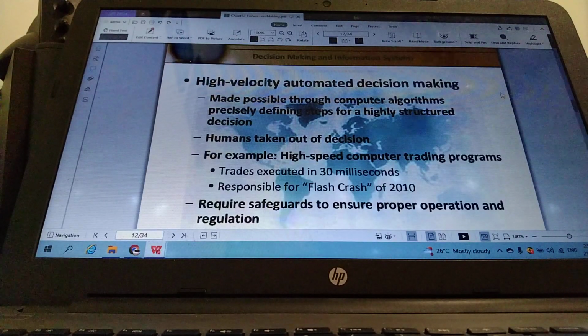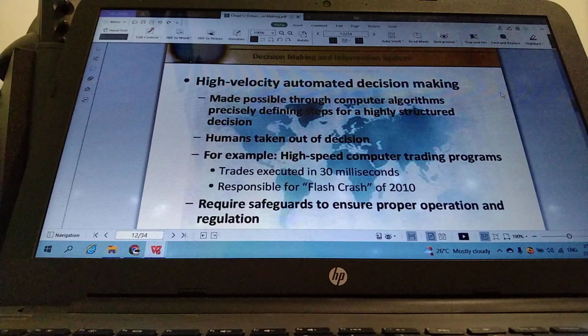High-speed computer trading programs, trades executed in 30 milliseconds. That is another example of where humans are taken out from the decision making. Also, there was an incident in 2010 which is responsible for the flash crash, also caused by the system.